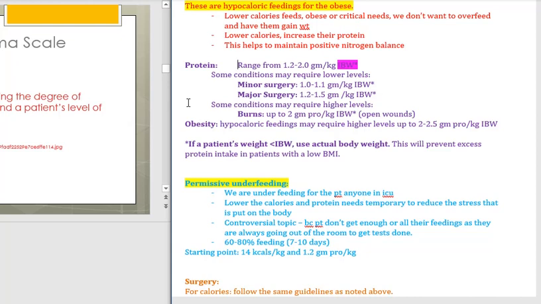If you give me 82, when you look at my actual weight, you're no longer giving me 1.5. Now you're giving me closer to 2 grams of protein per kilogram. So if my weight is less than ideal body weight, you have to use my actual weight, so that you don't give me too much protein. Make sense?